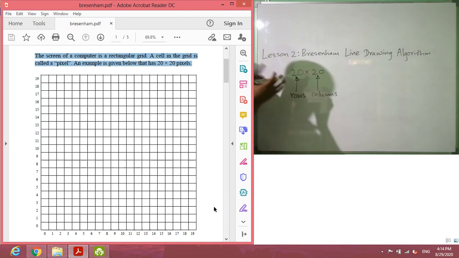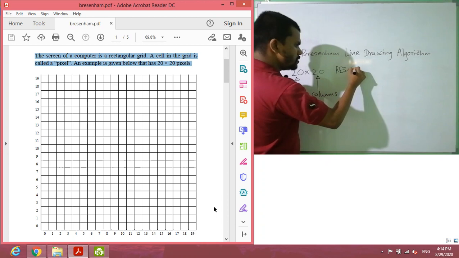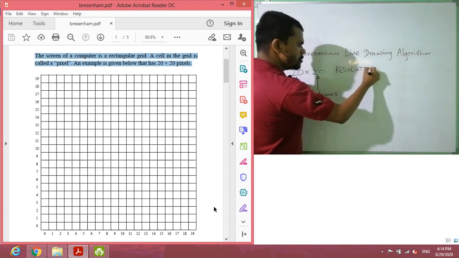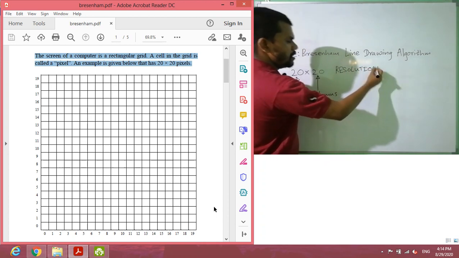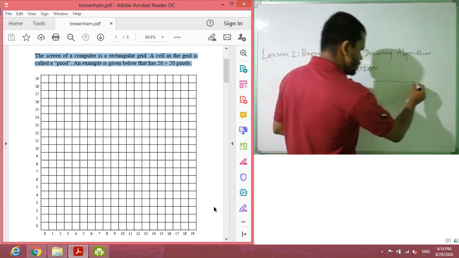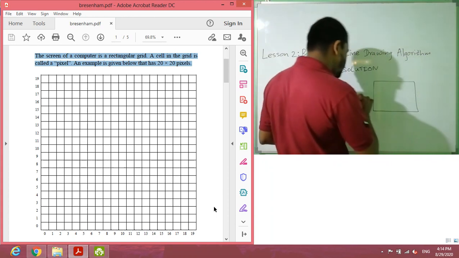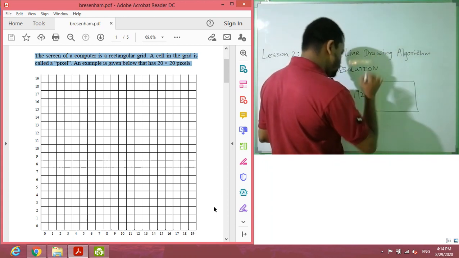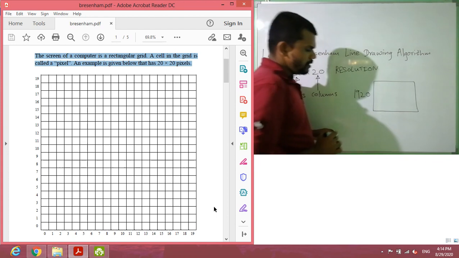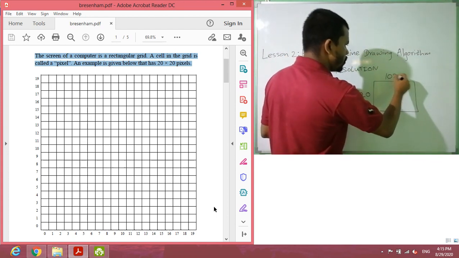We call this the resolution of the screen, but practically if you look at a laptop screen, this is an example, there may be this much of rows and this much of columns.